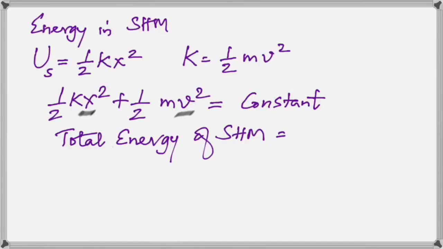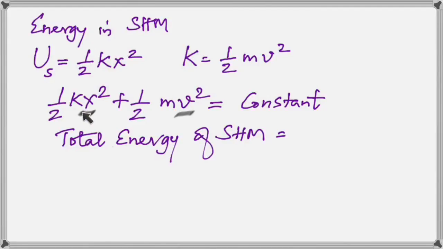Correct. At the amplitude position, the velocity is 0. So there's no kinetic energy, correct? And at the amplitude position, x is equal to a. Are you looking at what I want you to look at? The formula now? This term became 0.